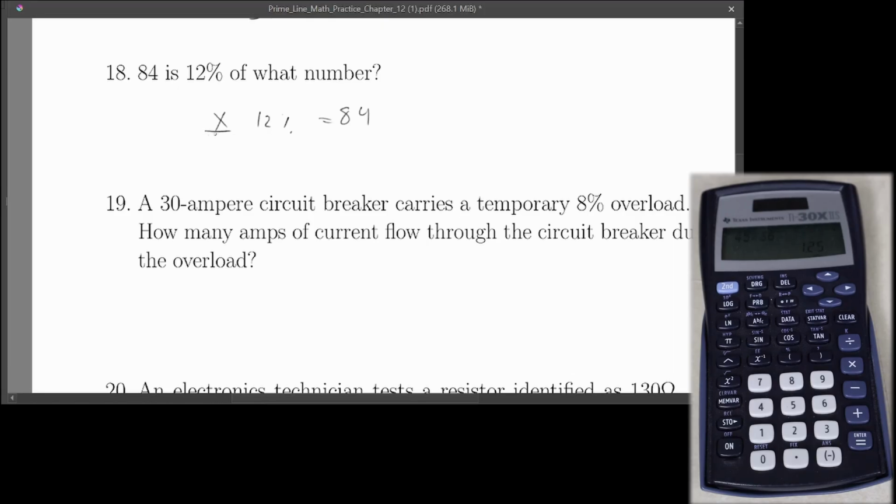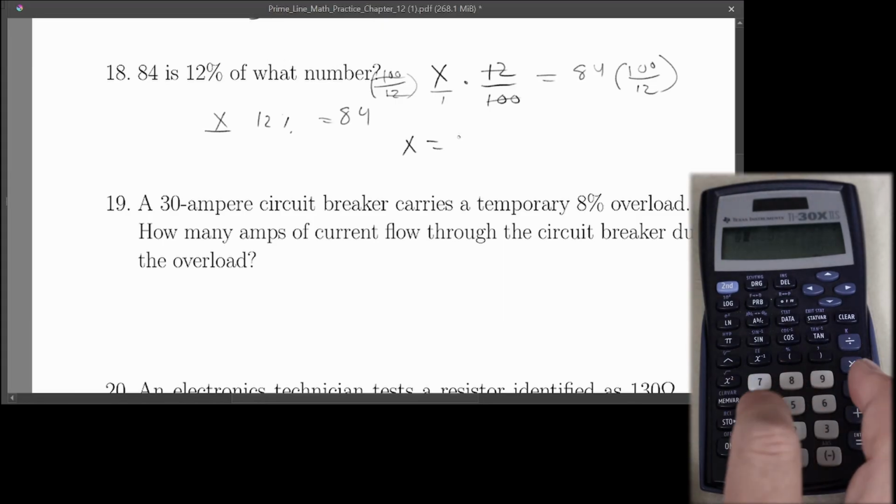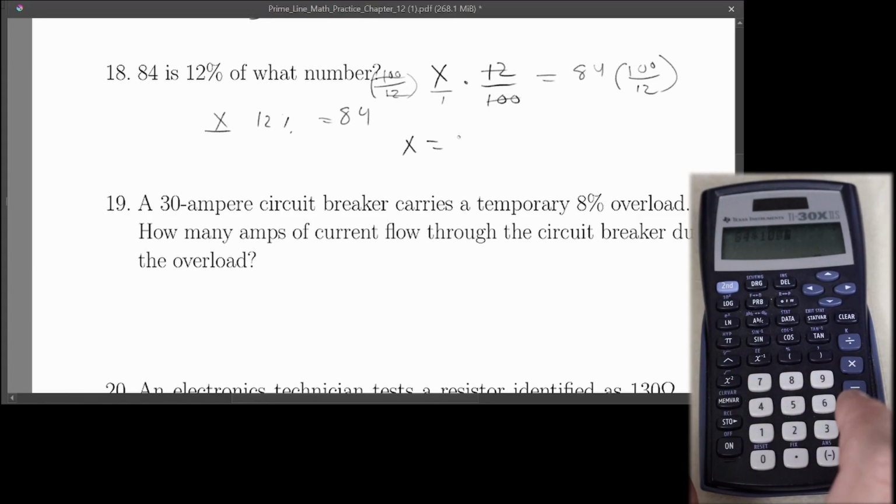So we're going to take this and rewrite it as x over 1 times 12% equals 84. And we're going to multiply both sides of the equation by 100 over 12. Our 100s cancel, our 12s cancel. We're left with x on this side. And we take 84 times 100 divided by 12. And we get 700 for our result.